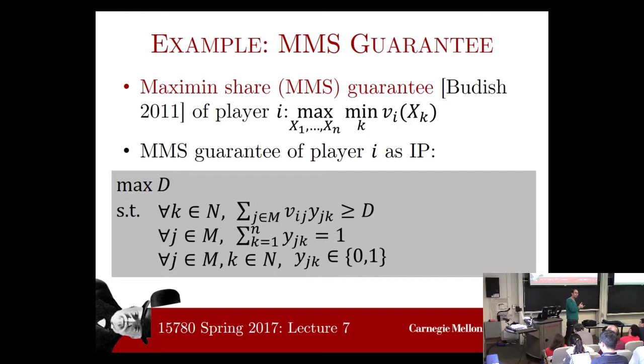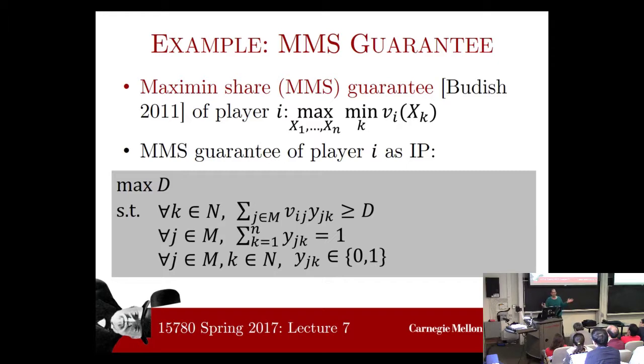And therefore, in the optimal solution, d will actually be equal to the minimum of all of these, which is exactly this optimization objective. Right? And the solver will try to set the variables y_jk in a way that when I then push d as far as possible, this value will be as high as possible. That's exactly the same as maximizing the minimum value of i for any bundle.